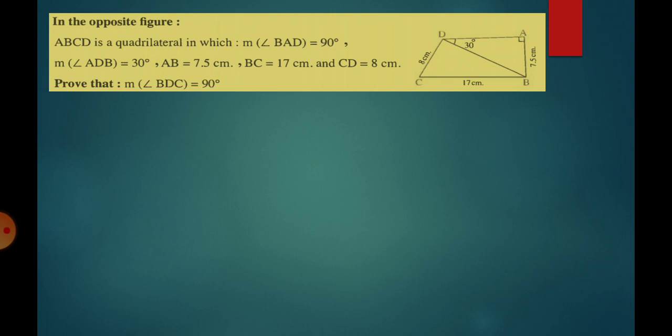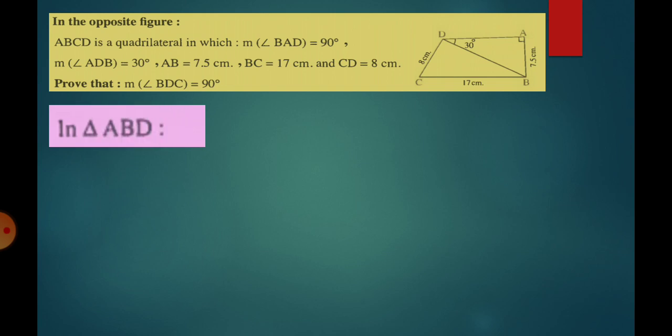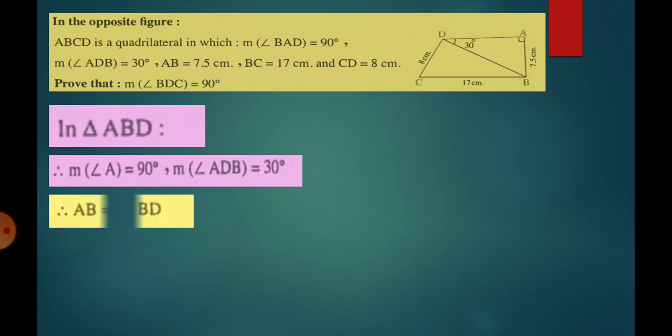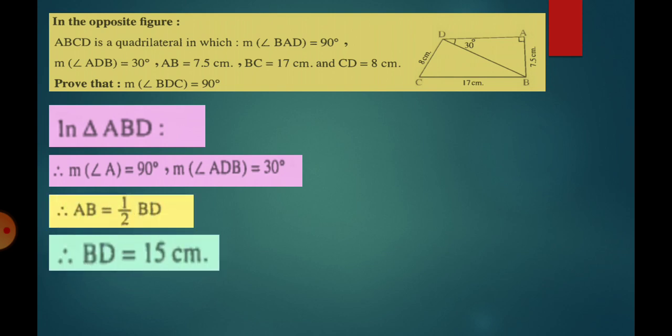Then the side opposite to 30 equals half of the hypotenuse. Then AB equals half of DB. If AB equals 7.5, then DB equals 15.